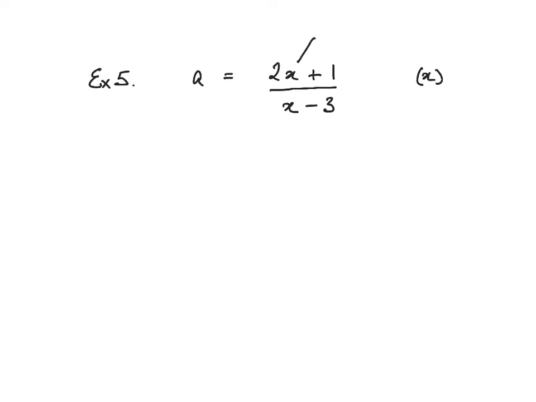So we've got an x on the top and we've got an x on the bottom. We have to get those x's together somehow. I'm going to multiply by x minus 3. So a lots of x minus 3 equals 2x plus 1.